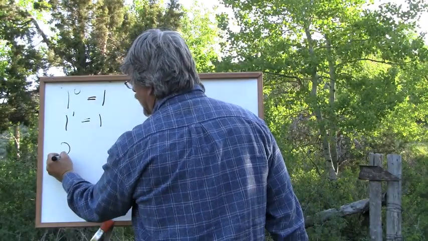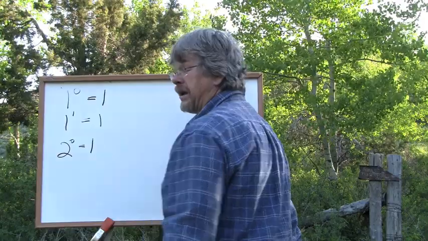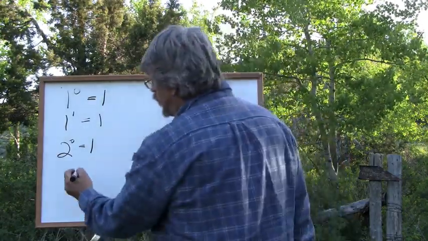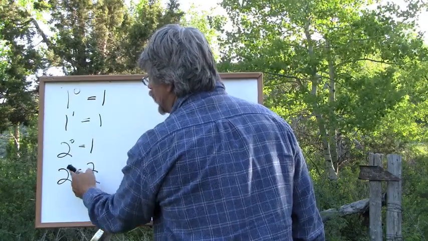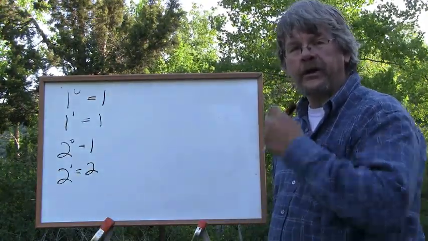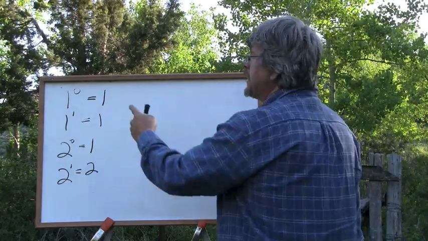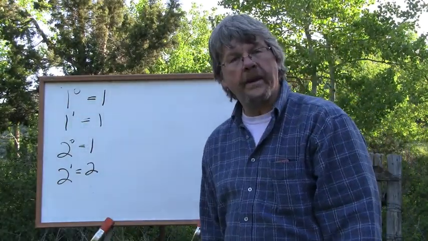2 to the 0 is just 1. Whereas 2 to the first is 2. It's the number itself. Do you see why? Any number to the 0 power is always equal to 1.